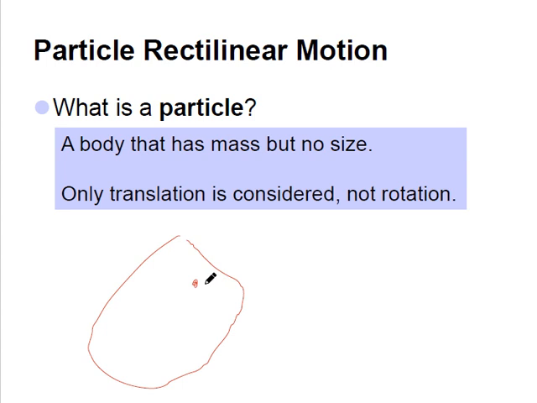All we care about is this translation, the straight line movement. Why do we do that? When we study it, it simplifies things a lot. And that's why the motion in a straight line, your rectilinear motion, is a great starting point for understanding kinematics.